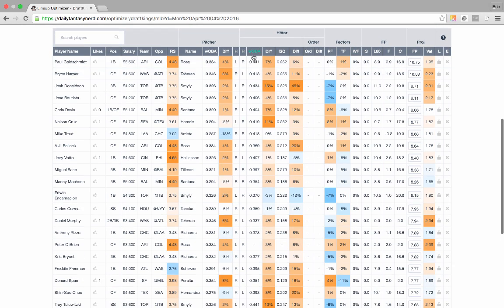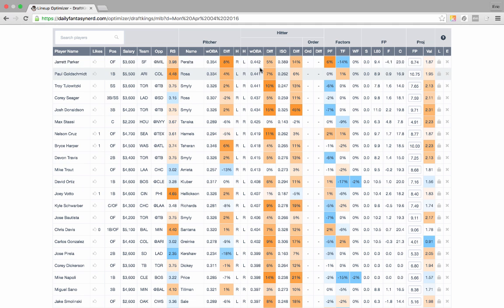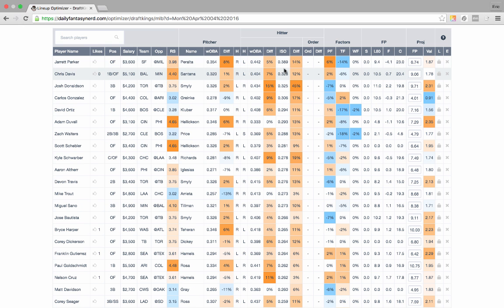One thing that we can do here is sort by overall wOBA for the day. You can see here who has the highest wOBA and generally get an idea of potential top plays. You can also sort by ISO, so these will be the top power hitters for the day.